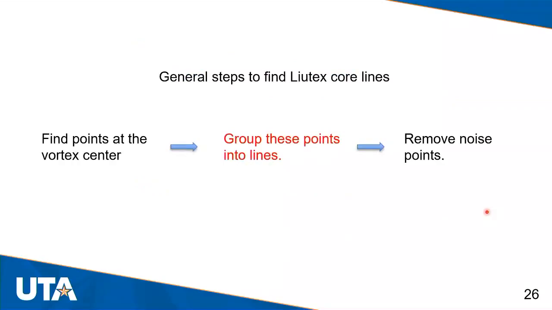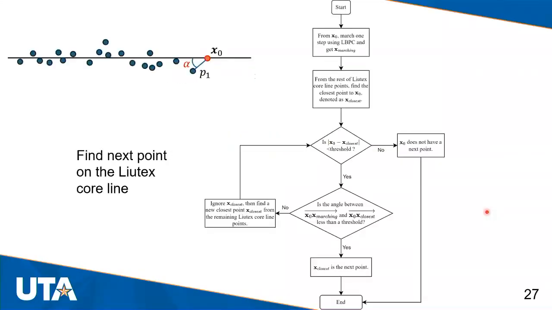And then we go to the point grouping section. We group these points into lines. This is what we do to group points. The idea is simple. We start from any point, and for a used point, we just don't consider it later.